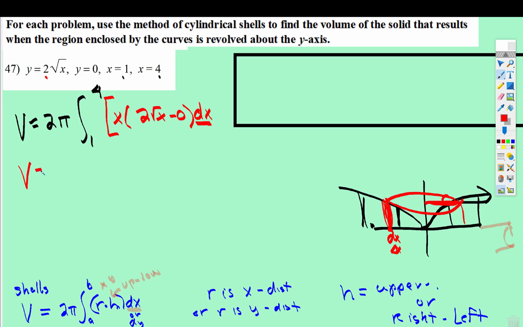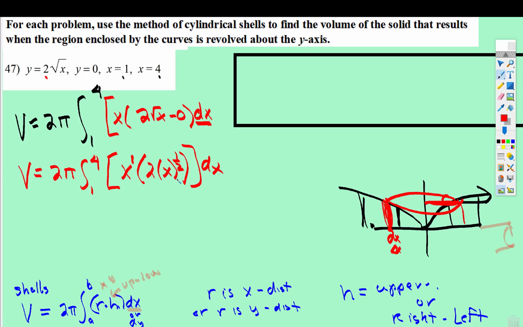All right, so volume equals 2 pi from 1 to 4. The 0 doesn't do anything, so now it's just x times 2 square root x, and I'm going to rewrite that as x to the 1/2 and x to the first, because you're going to know your laws of exponents.